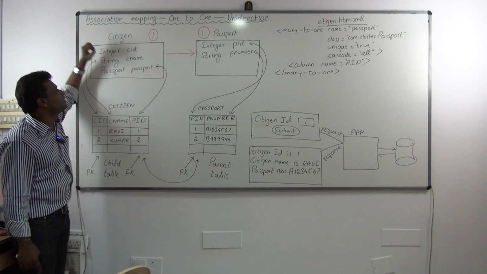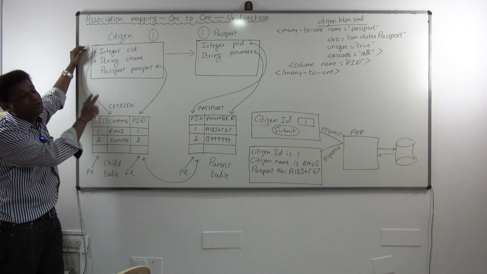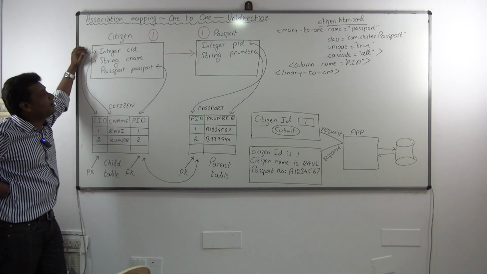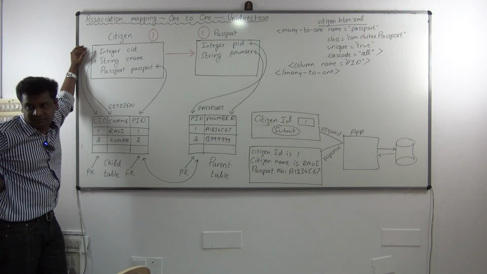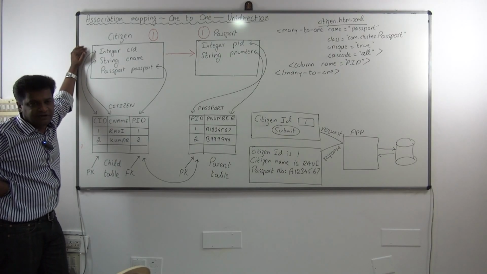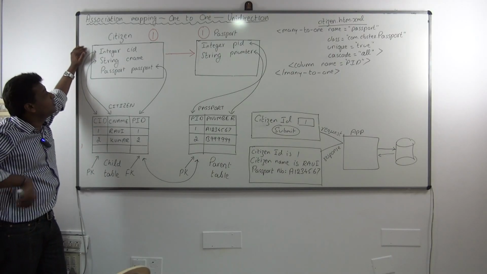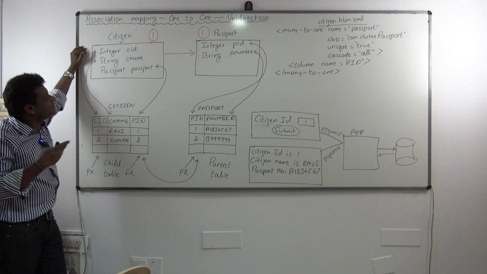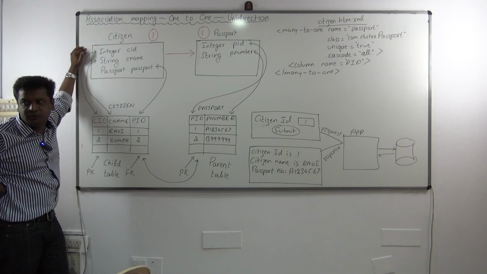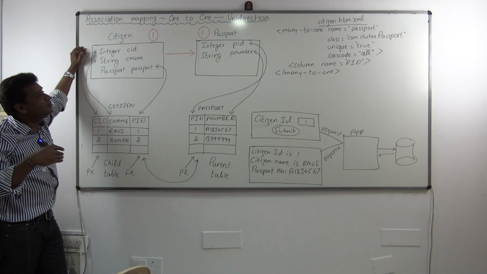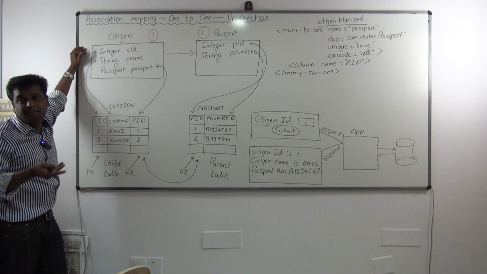Very simple. We have two entities here, so these two entities should be related. How will you relate them? We have to build a relationship between the two entities, and to do that I'll say citizen has a passport.